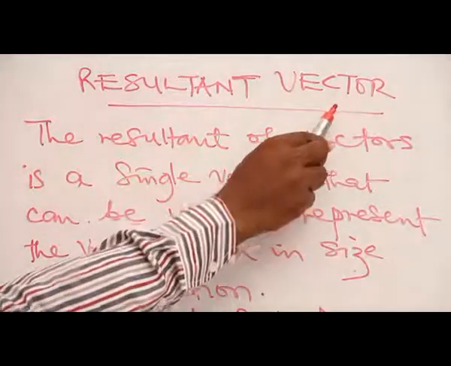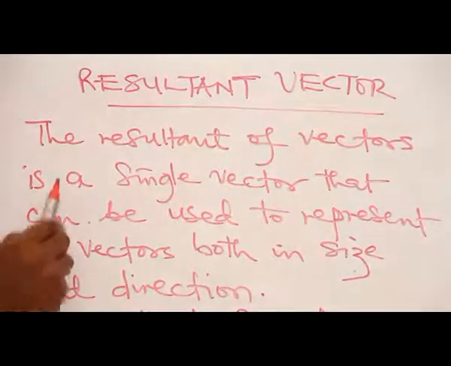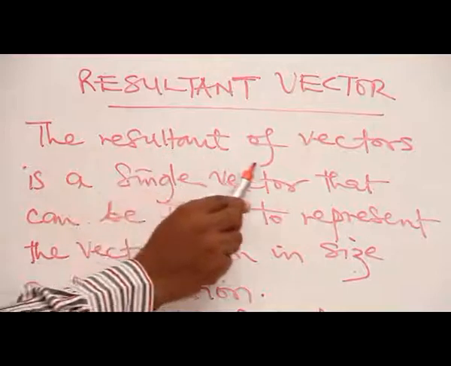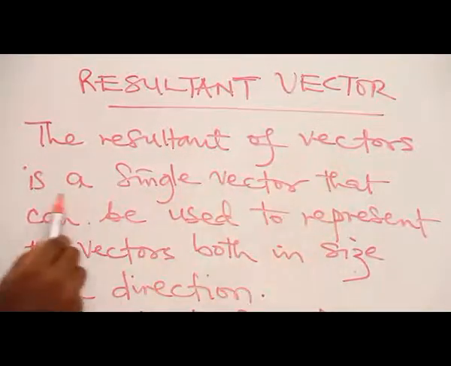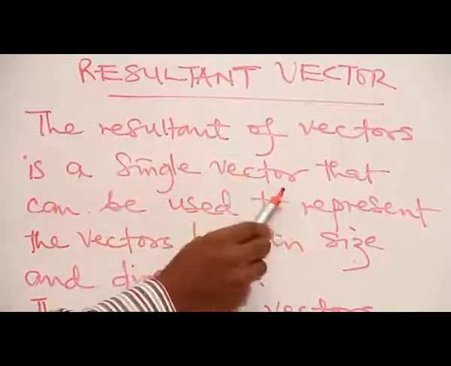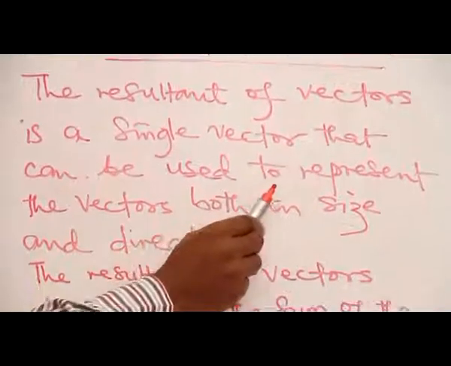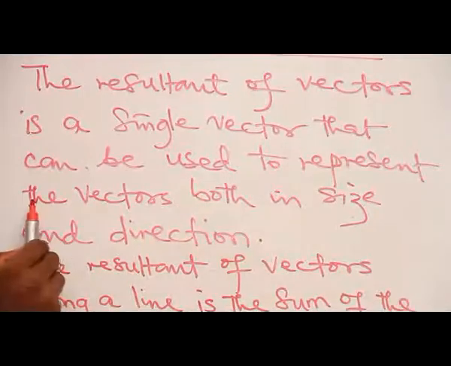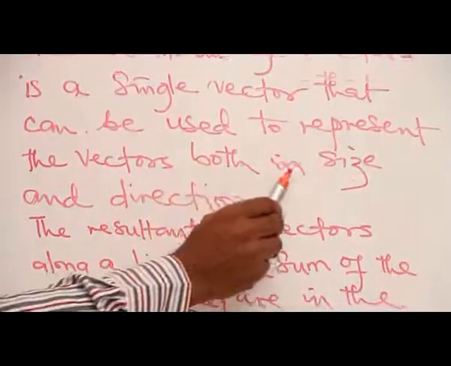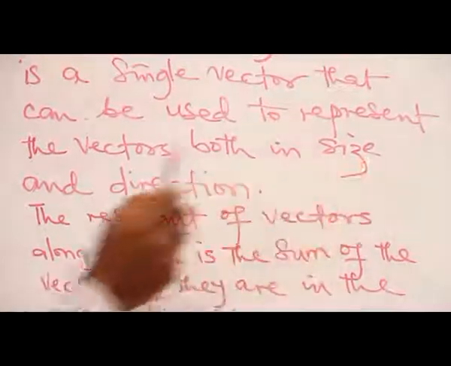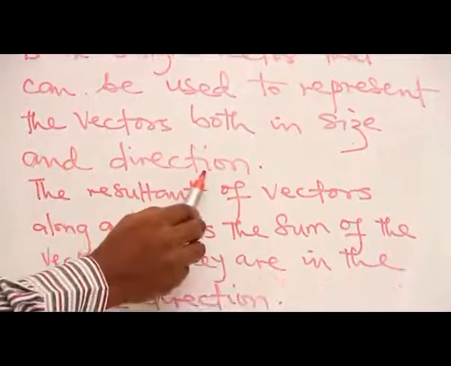Resultant vector. The resultant of vectors is a single vector that can be used to represent the vectors both in size or magnitude and direction.